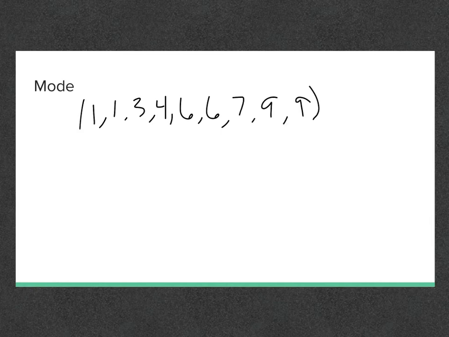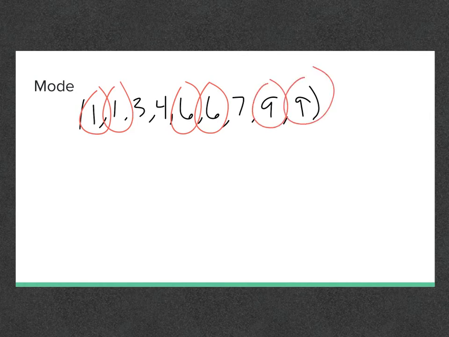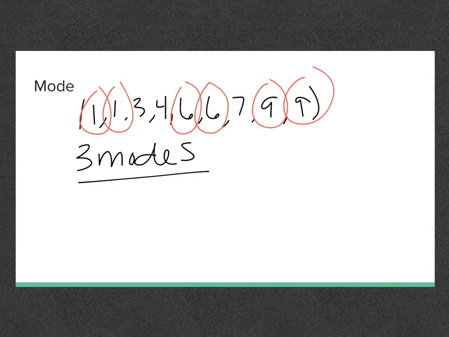Now how many different values do I have here that repeat twice? 1's repeat twice, 6's repeat twice, and my 9's repeat twice. So this is actually a multimodal data set. It has 3 modes. Okay, and this can happen as well. No matter if a number occurs more than once, it's just the number that occurs the most, and sometimes that can be more than one value. So this has 3 modes.